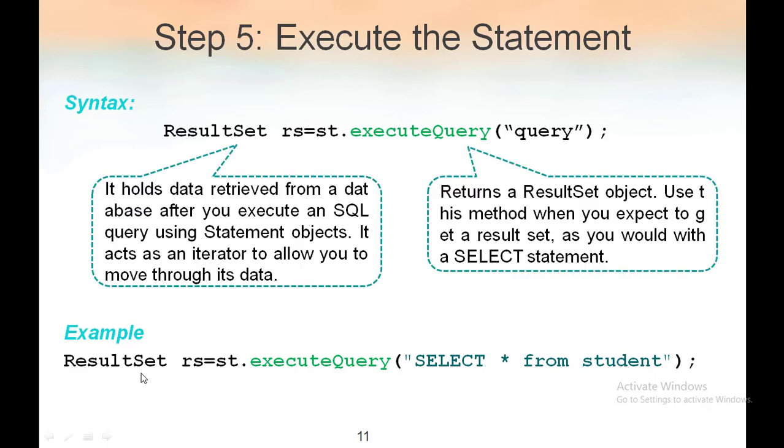Example, ResultSet object is equal to statement object dot execute query select star from student. Here we are selecting all the data from the student table and storing the result in RS. Result set is a logical set of columns and rows.